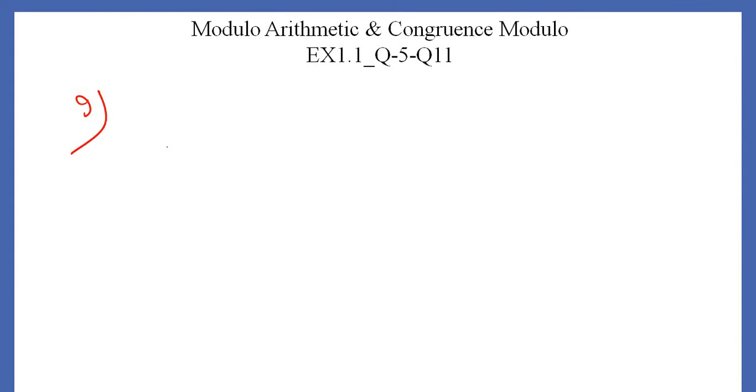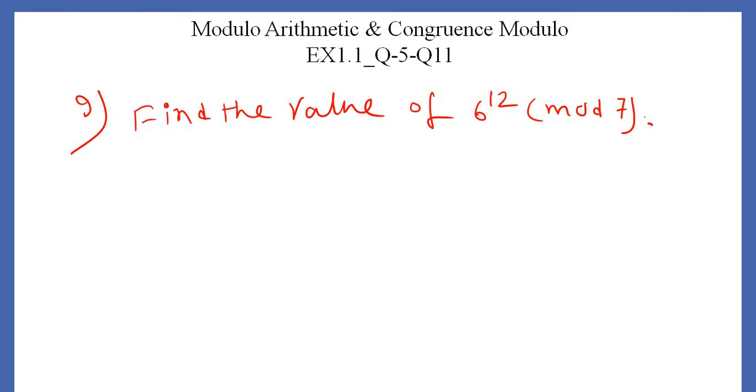Now move to the next question. Question number 9. Find the value of 6 to the power 12 mod 7. Now to solve this type of question, when the power is given and the power is a higher value, getting the value of 6 to the power 12 is very complicated and time-consuming.